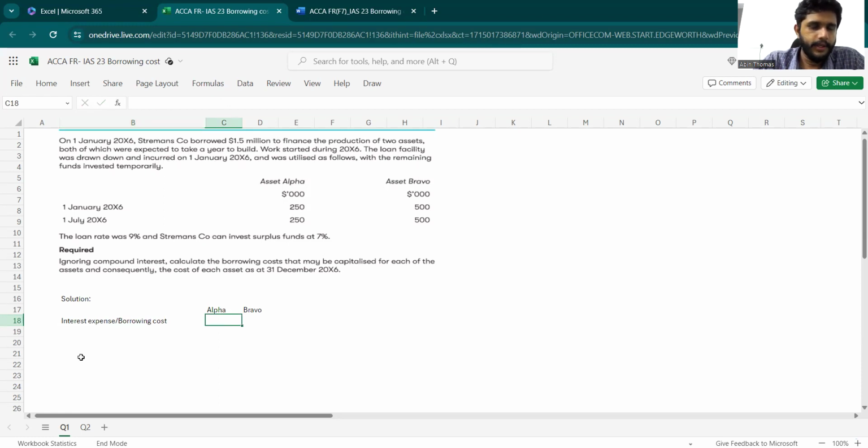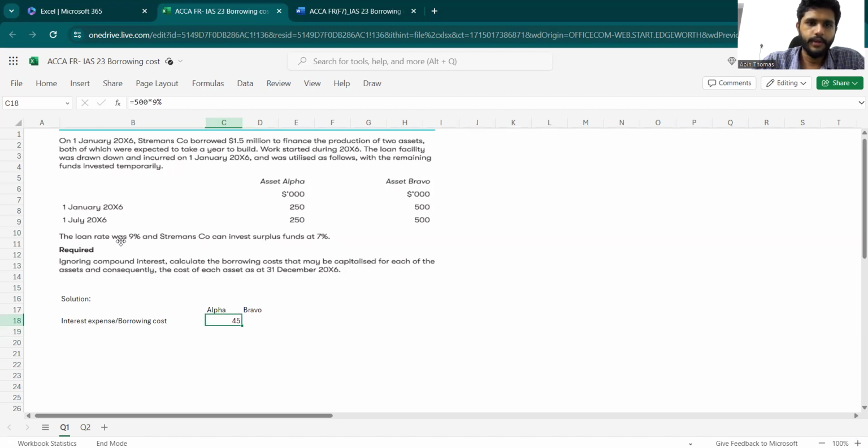That would be equal to, what is the amount? 250 plus 250, 500. 500 into, what is the loan rate? Loan rate is 9%. That is for the whole year. That would be 45.